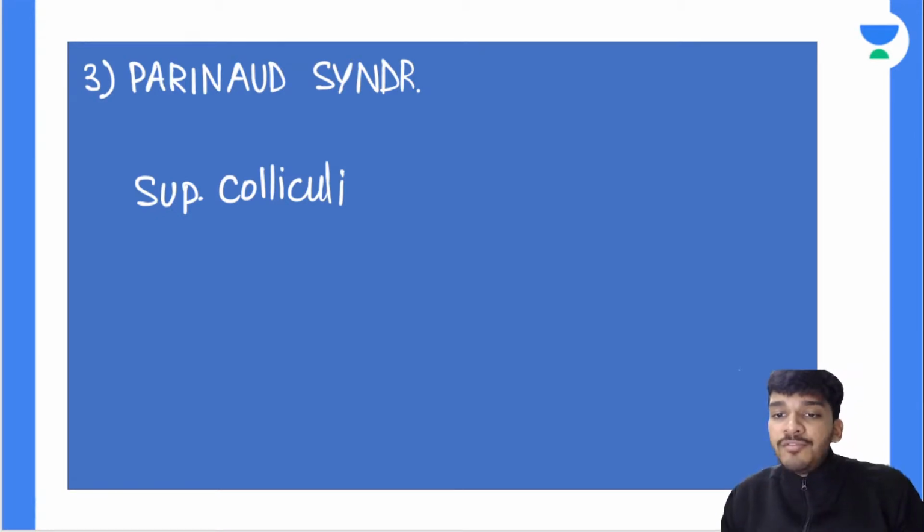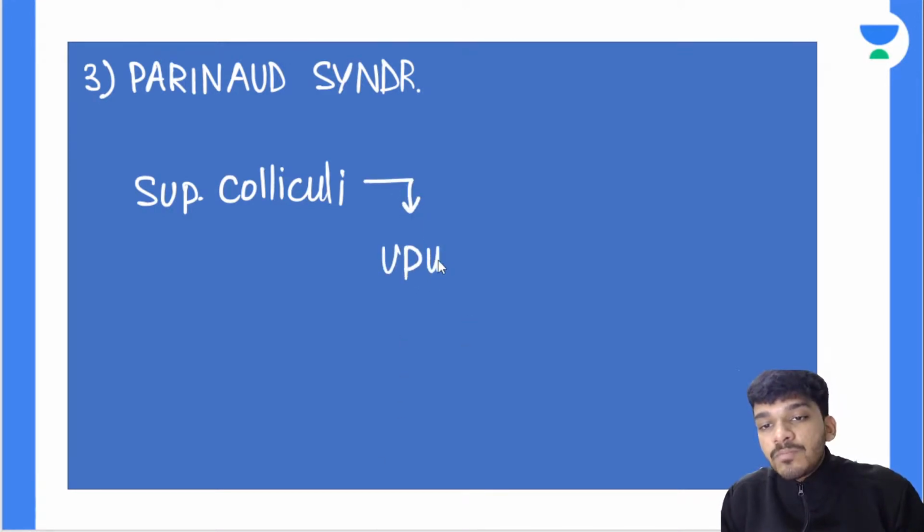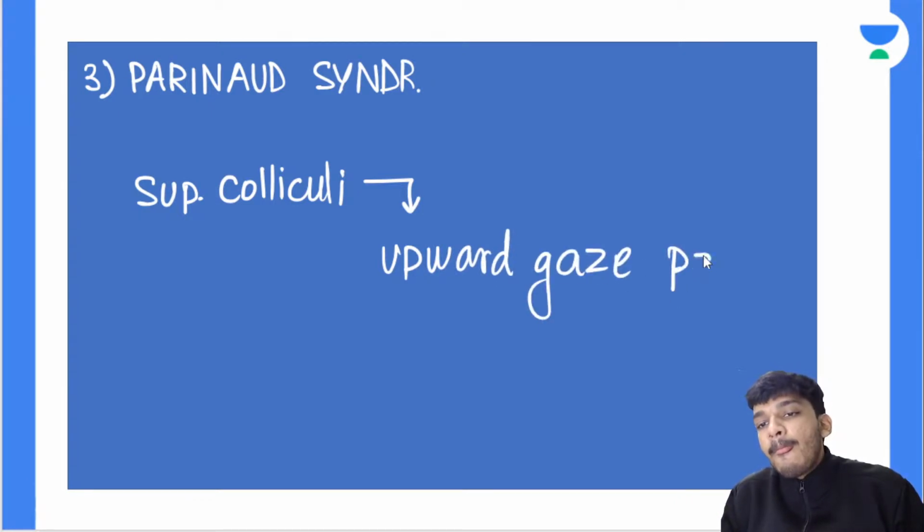Because of that, you have weakness of the upward gaze. You are not able to look upward very effectively. So it's called upward gaze palsy. Upward gaze palsy. And you also have vertical nystagmus.